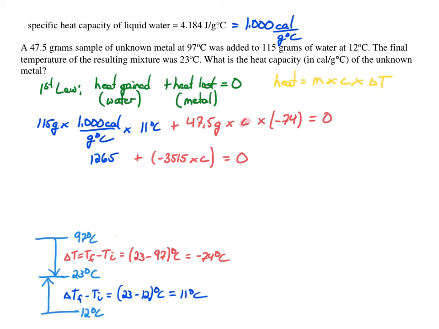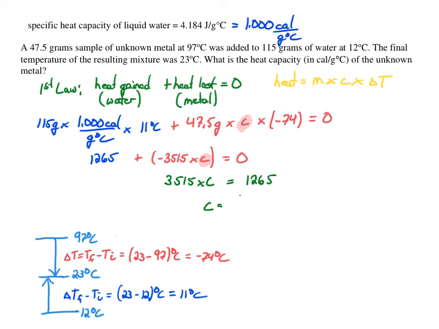Remember that we're solving for this variable C in this problem. What we're going to do is add 3515 times C to each side, and the result is that 3515 times C is equal to 1265.